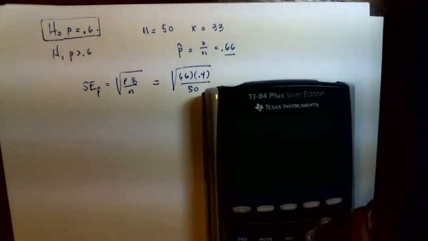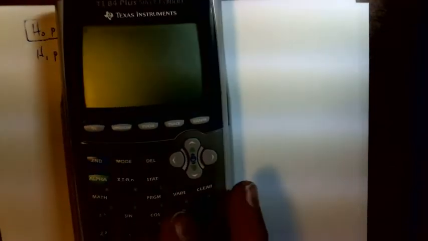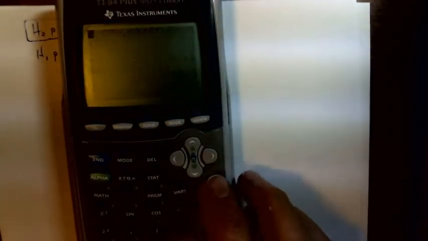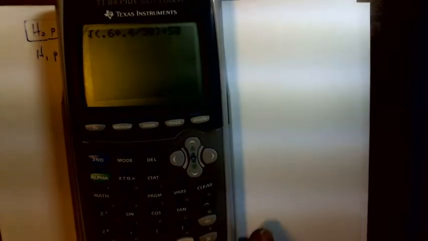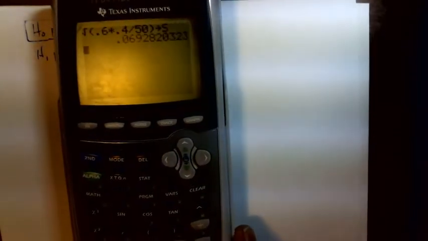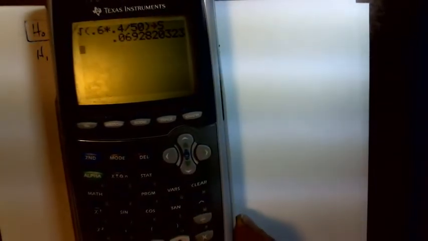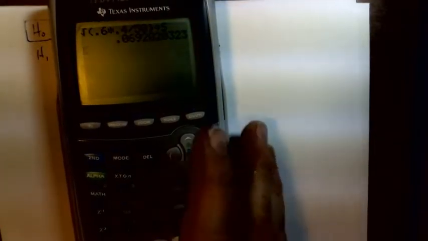I'll use my calculator: square root of 0.6 times 0.4 divided by 50, and then I'm going to store that as alphabet S. Okay, so that's stored as S, so there is the standard deviation for p hat.